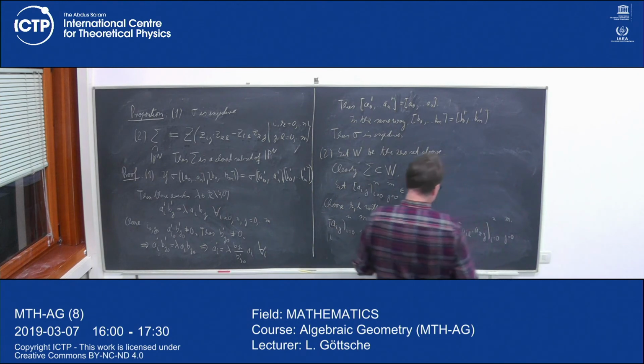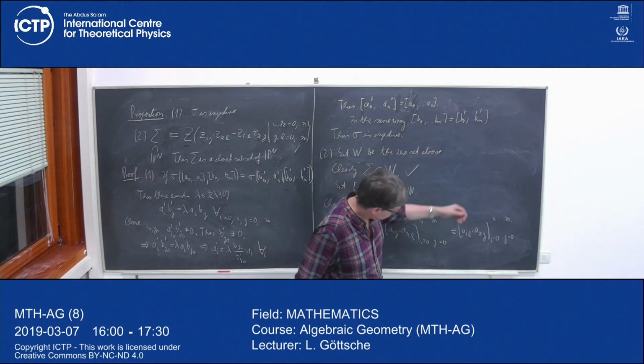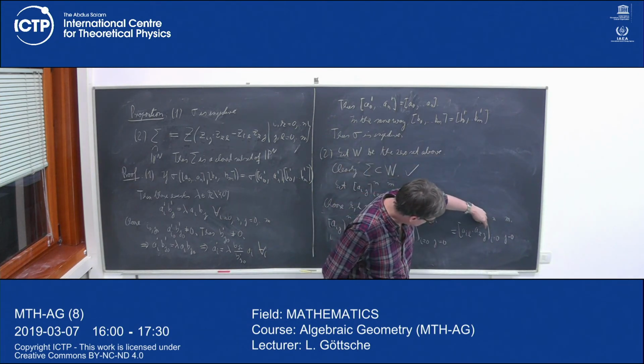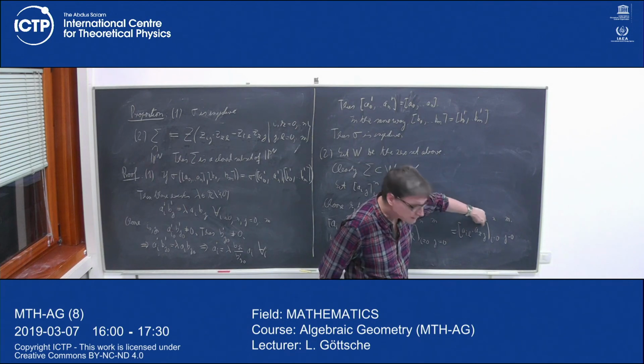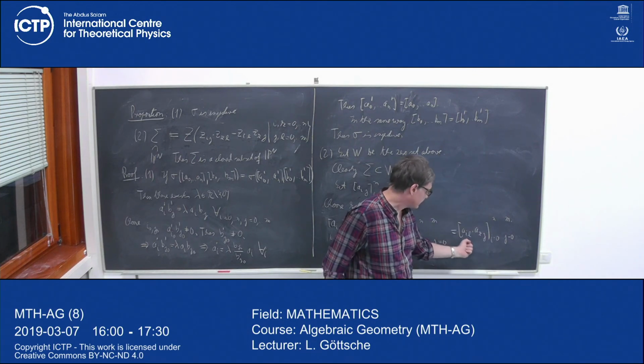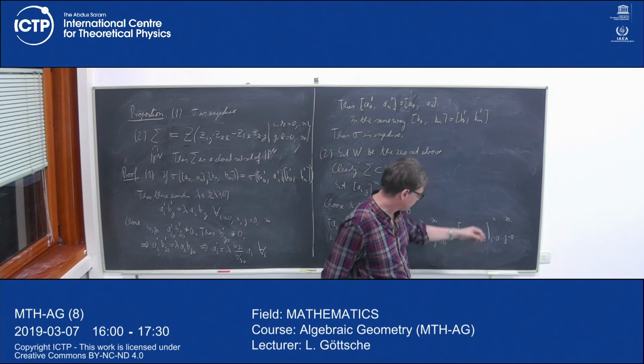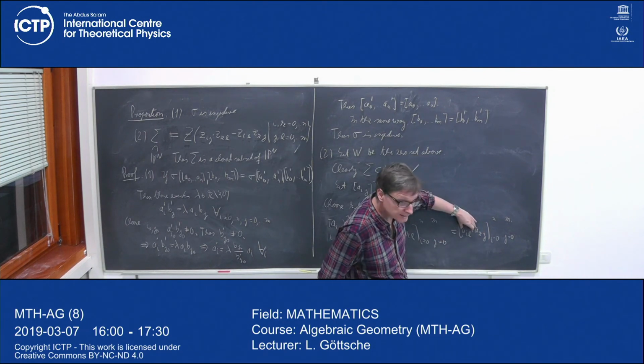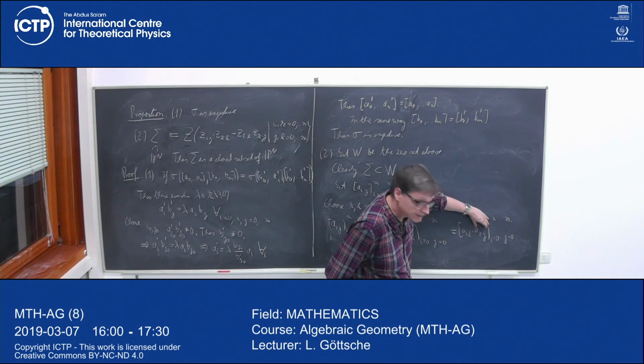But now you can see what we have done. We have this thing, and here the i runs, here the j runs. So this is just sigma of the vector given by this thing when i runs times the vector given by this when j runs.